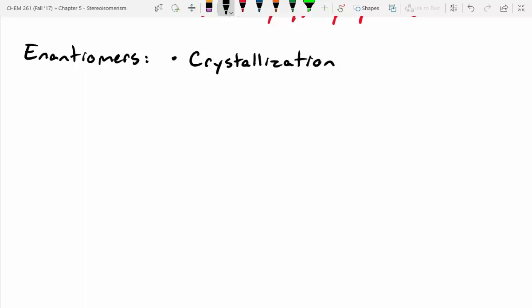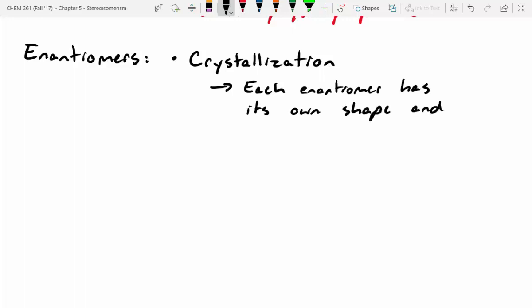And what happened was each enantiomer has its own shape. And the opposite enantiomer is the mirror image.